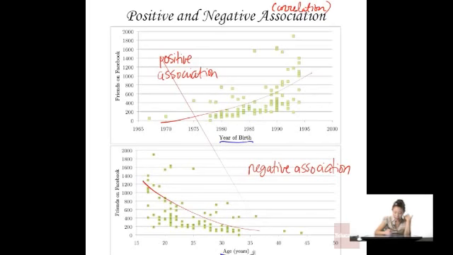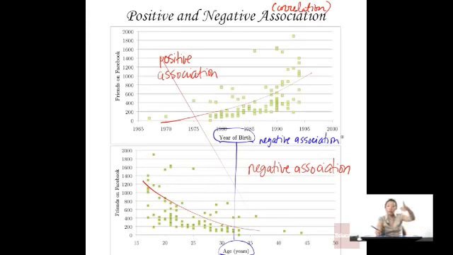So these two variables actually have a perfect negative association, right? As one goes up, the other goes down. So as year of birth goes up, 1994, 1999, 2000, right? The age is going down and down and down. And so that's what we call a negative association.